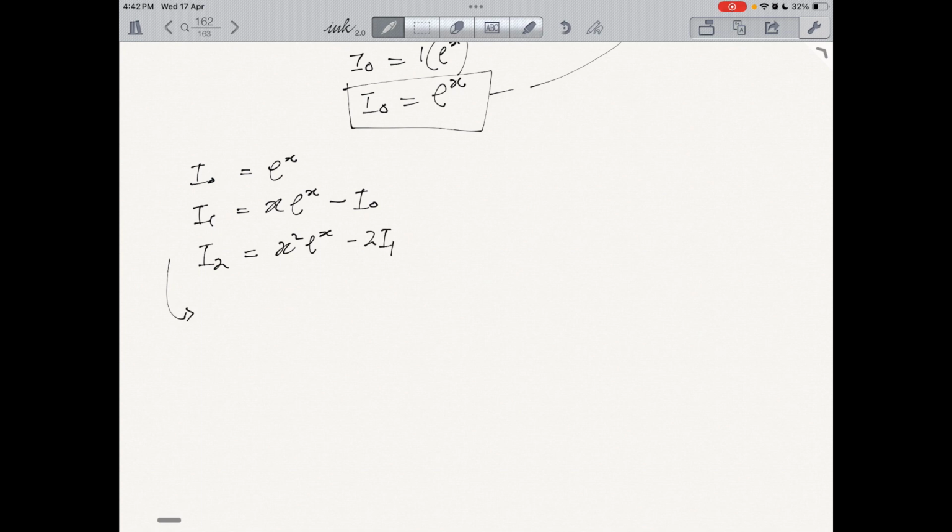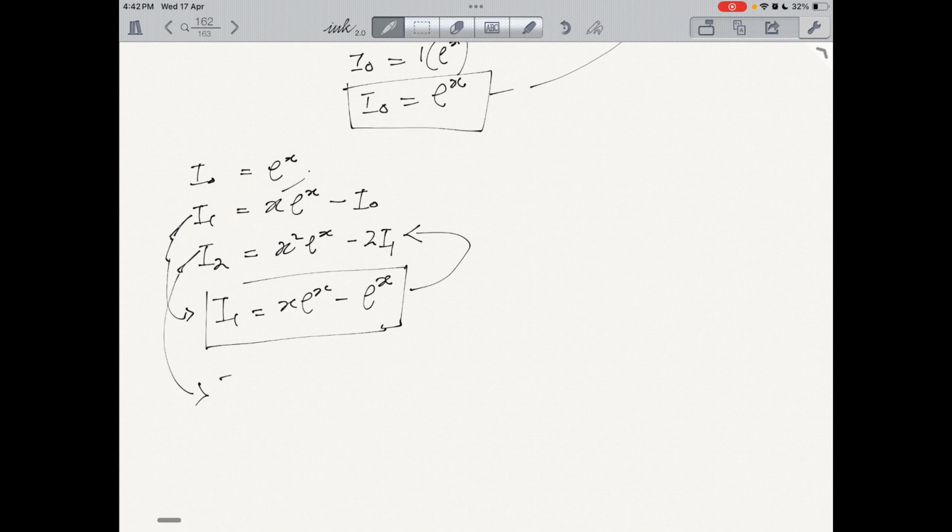So let us evaluate I1 now. I1 is equal to x exponential x minus I naught, and I naught is exponential x. So let us substitute I1 into this, and our I2 will become x squared exponential x minus 2 times I1, and I1 is x exponential x minus exponential x.